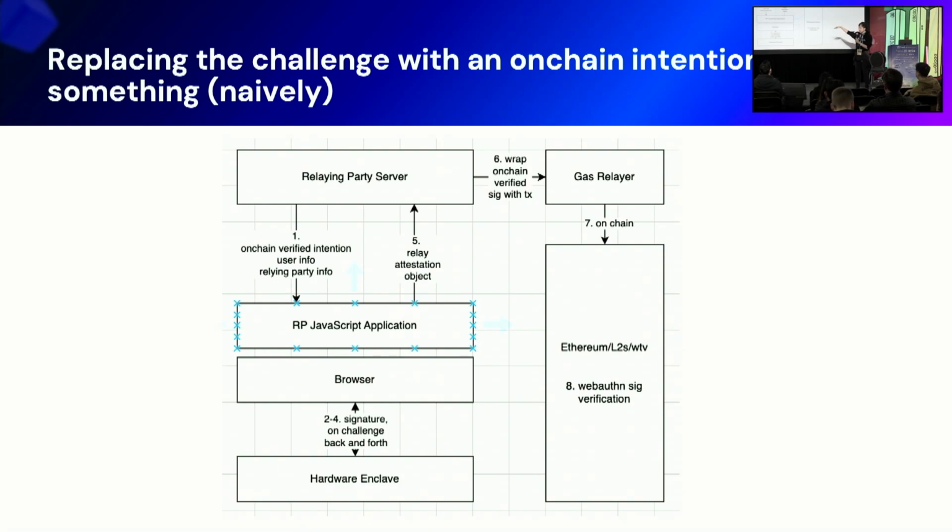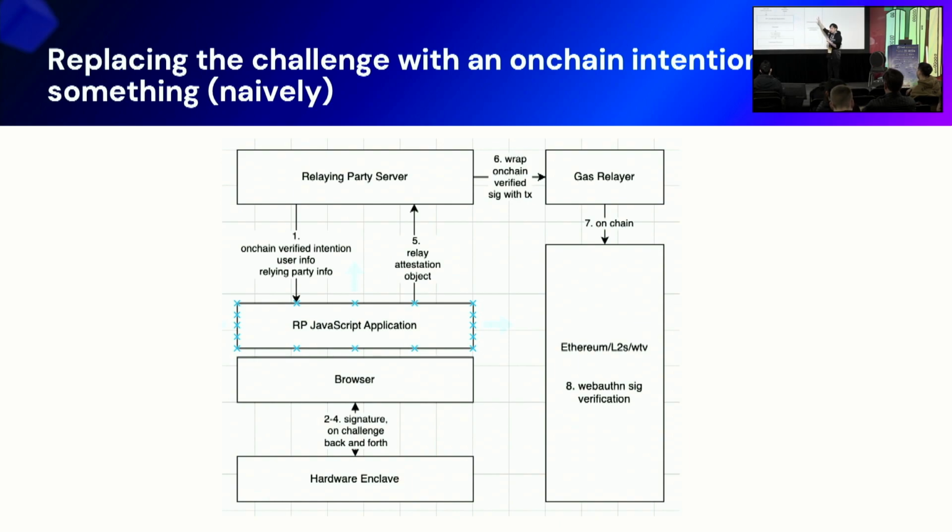Typically what we'd submit is a challenge. But what we can instead submit is saying, hey, smart contract, please send my USDC to Uniswap or something like that, or please stake or something like that. That's this on-chain verified intention. And we'll send this through all the way to the hardware enclave, and the hardware enclave will sign on that with its own public-private key pair and give the signature back to the relying party server.